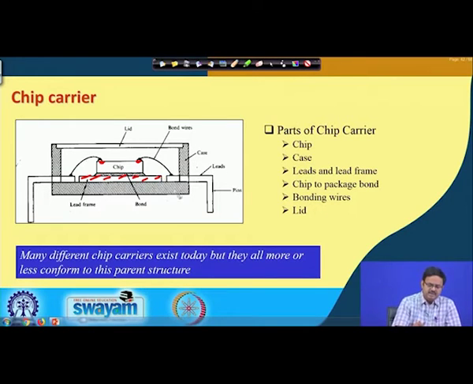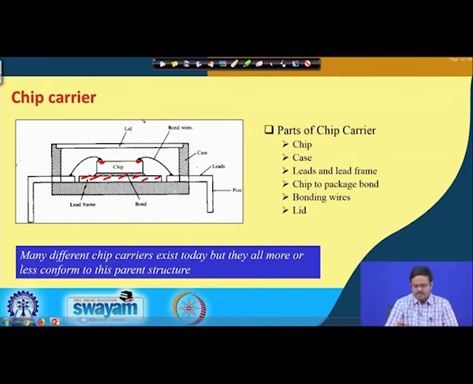And then this whole thing is encapsulated inside a case which can be made of ceramic, which can be made of plastic and sometimes some other exotic materials as well. Okay. So, this is a configuration of a chip inside a chip carrier, okay. And then this whole thing has a cover or a lid.